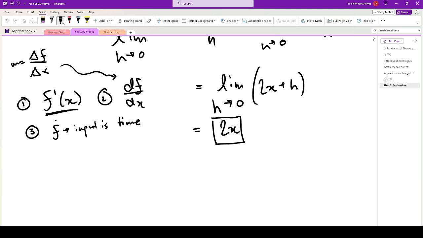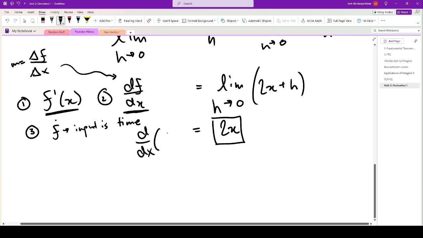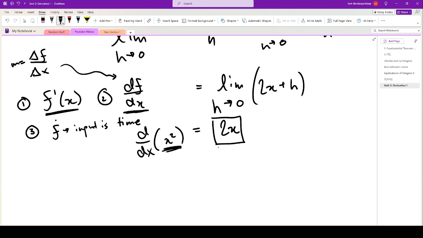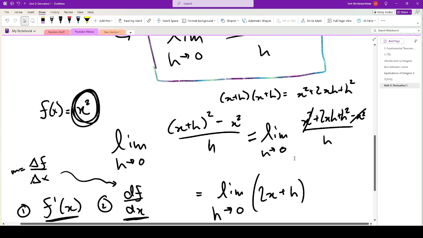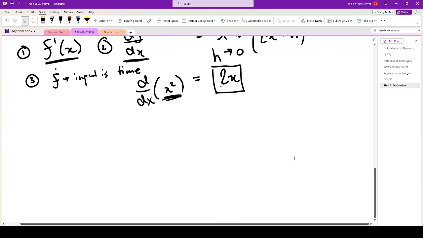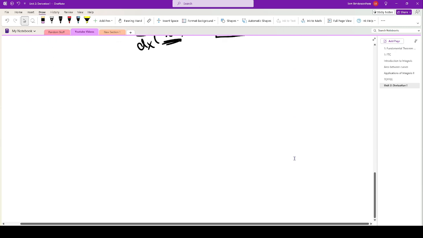Most of the time you're going to be sticking to either f prime or df dx. So df dx is 2x. And if you want to explicitly state the function, then you just write d dx of x squared is 2x. Okay, so there's a worked out solution for the derivative of x squared.